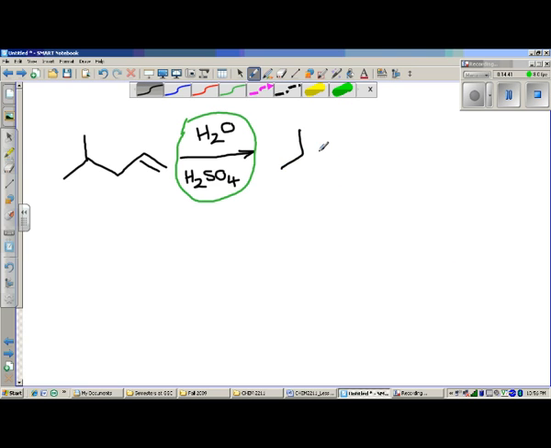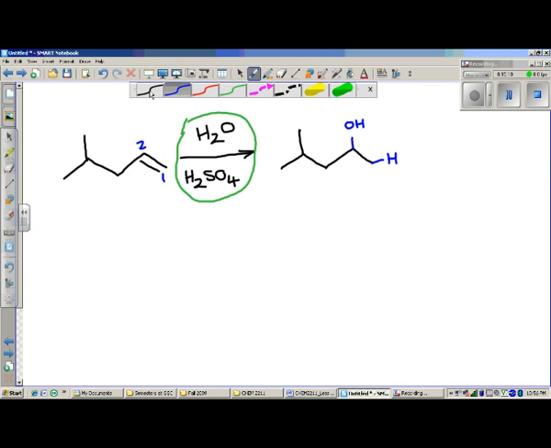Remember what we said before, we draw out the carbon skeleton, so we've got the correct number of carbons, and then we just ask ourselves, the hydrogen is going to go on which carbon of this double bond? Well, 2 hydrogens on this carbon, 1 here, so therefore the hydrogen should go on this carbon. In other words, if this is carbon 1 and this is carbon 2, the hydrogen should go on here, and the OH should therefore go on here.